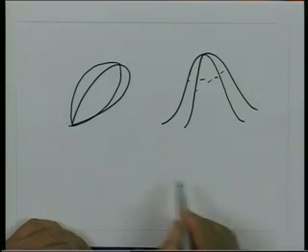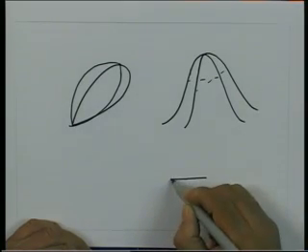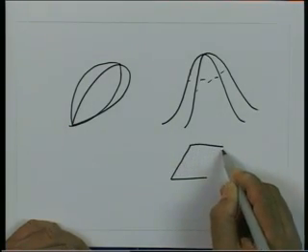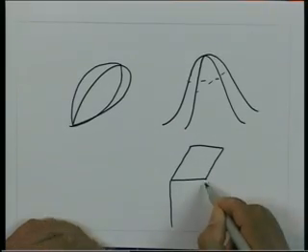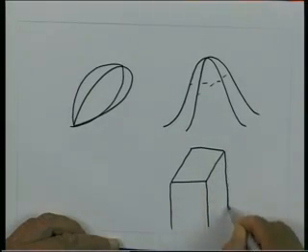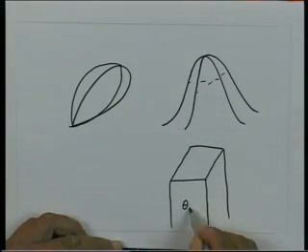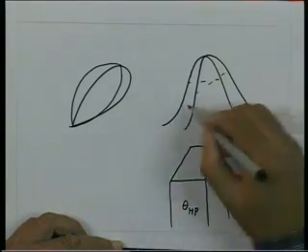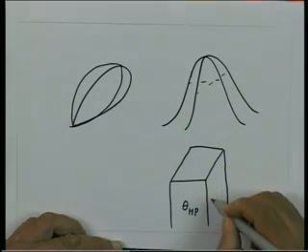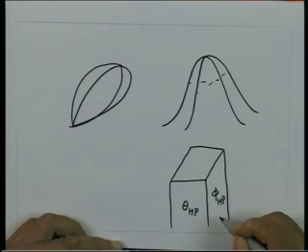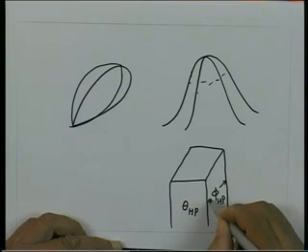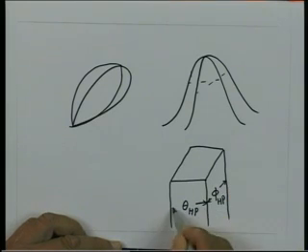So, I can visualize this as a box like that, where this width is theta half power. Let us say this direction we have the angle phi. So, this is phi half power, and this direction is theta half power.